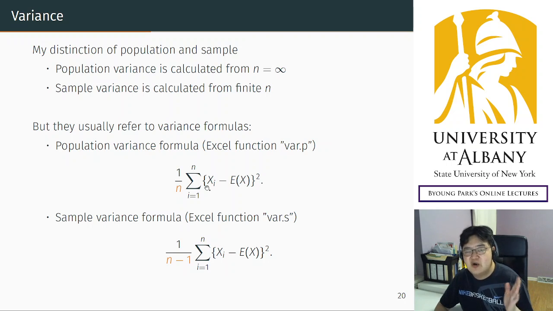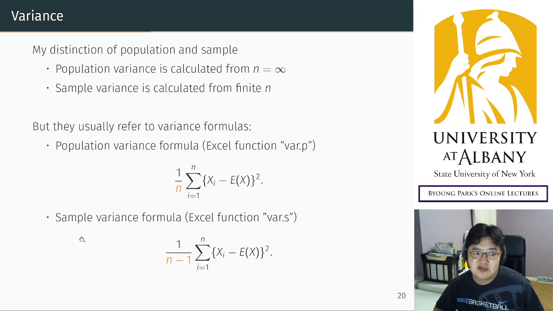This is how we defined the variance, but this formula is called the population variance. But there is a different formula called the sample variance formula, which divides the summation by n minus 1 instead of n. So it's subtracting 1. Actually, the sample variance formula is more commonly used.